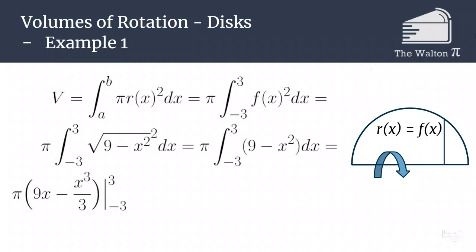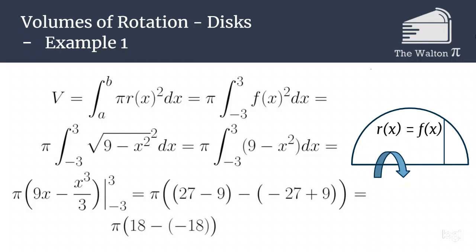The integral of 9 minus x squared is 9x minus x cubed over 3. We multiply that by pi and evaluate it from -3 to 3. And so we get pi times 27 minus 9 minus -27 plus 9. And this turns out to be 36 pi. So that tells us that the volume of this would be 36 pi.